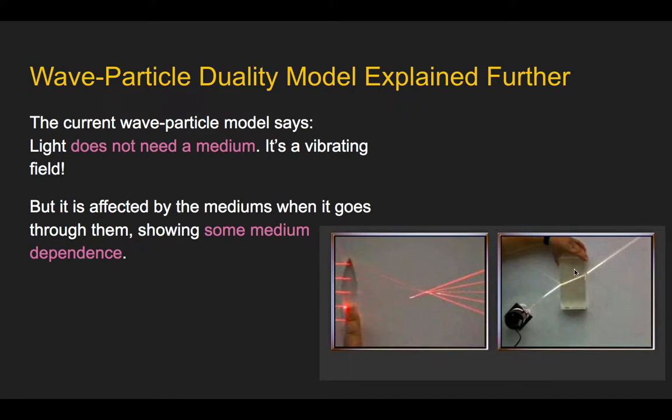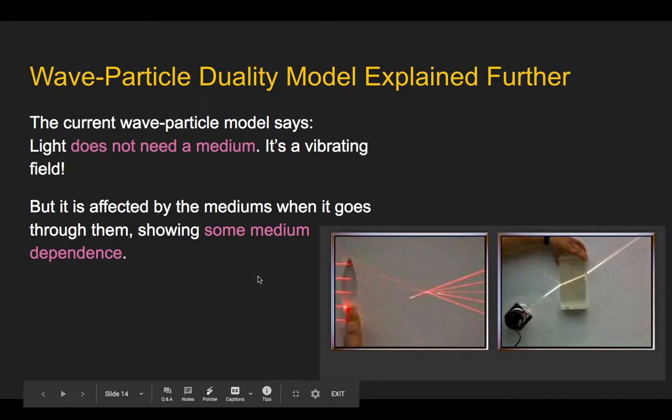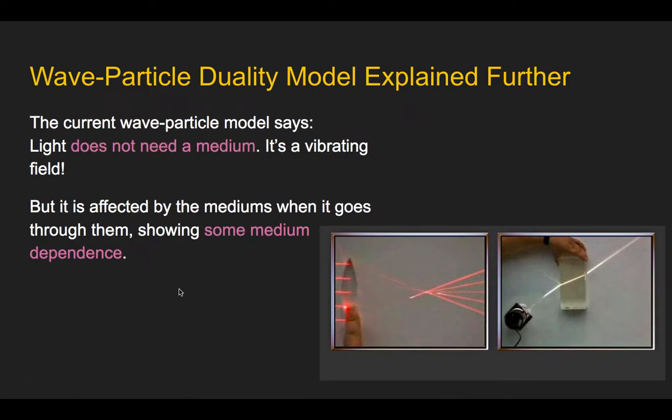But because it's entered in this, let's say it's glass, it might be plastic or something else, that tendency to bend is because it didn't get as far as it could have in the same amount of time. So it bends, and then when it goes back out, it bends back the other direction. That just shows that it is affected by the medium, so it does show some medium dependence, but it is able to travel without a medium.